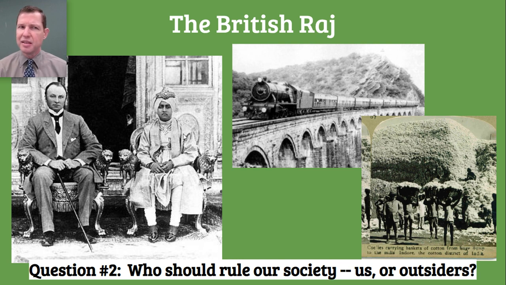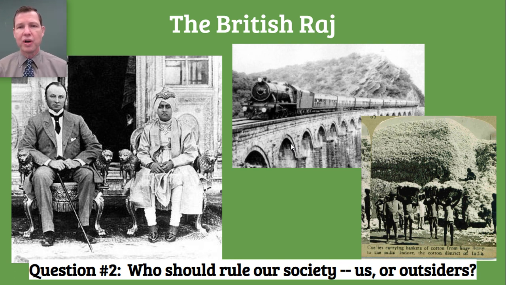But in the end, the Indians didn't govern themselves. In the end, it was the British who were calling the shots. The British invested huge amounts of money into infrastructure in India, building a railway network that actually had more miles of rails in it than all of Europe combined. But the function of this railway network was really to serve the British.